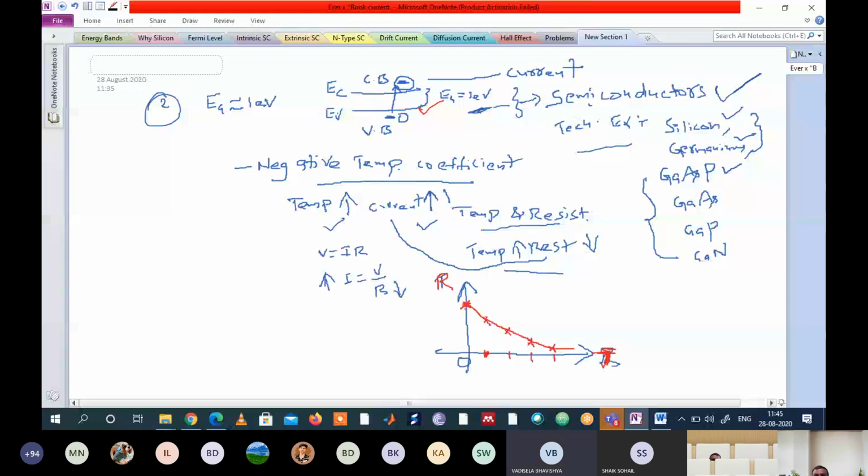Take temperature on the x-axis and resistance on the y-axis. If you have any doubt, please let me know, because this is a very, very important concept which is called negative temperature coefficient. Dear students, if you have any doubt, please unmute and ask.